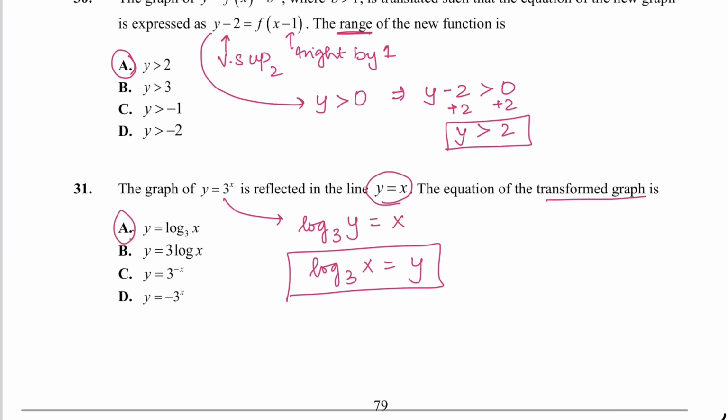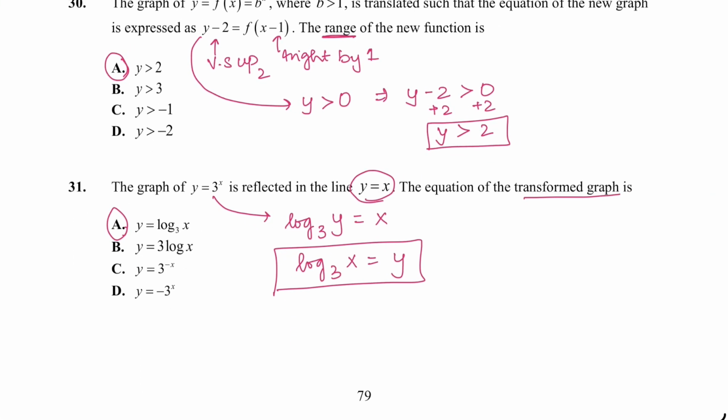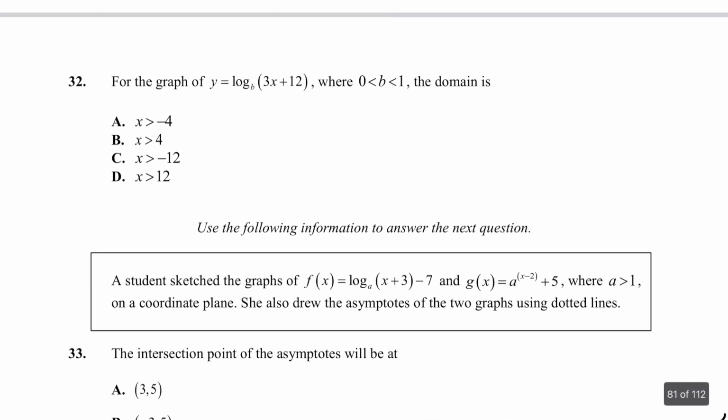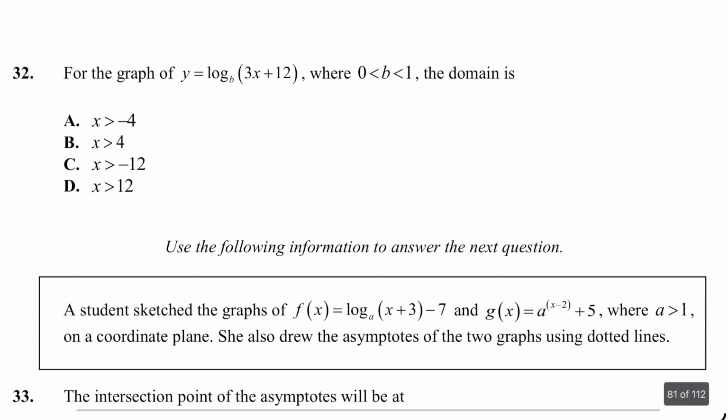Let's look at the next question. So a graph is given to us. This time it's log, and it's a decay function because b is between 0 and 1, and then they're asking you to find the domain. So for the domain here, we are going to look at the x value. Okay, so what do you guys think?